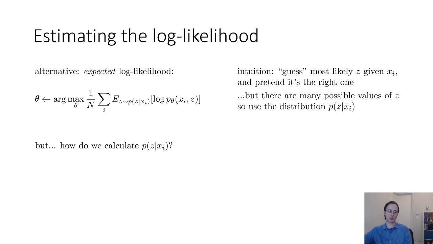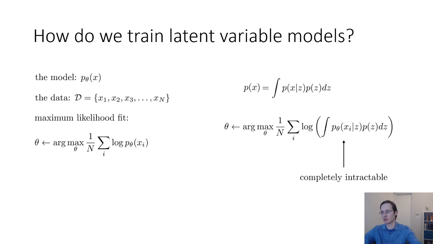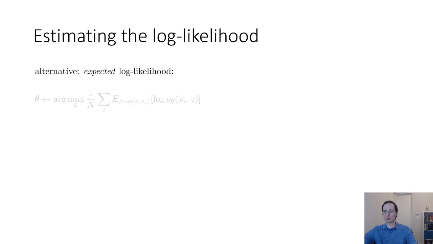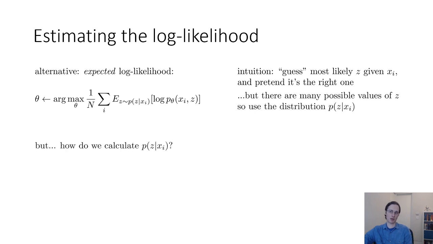You can't do that trick on the previous slide. You can't do that trick if you have the log of the integral, because the log of an integral or sum doesn't decompose linearly. But the expectation does, so you can estimate it with samples. So the tractable algorithm for estimating this, just like we saw with policy gradient, is to just sample from z given xi and average together the log probabilities. And you can do, of course, the same thing for the gradient.